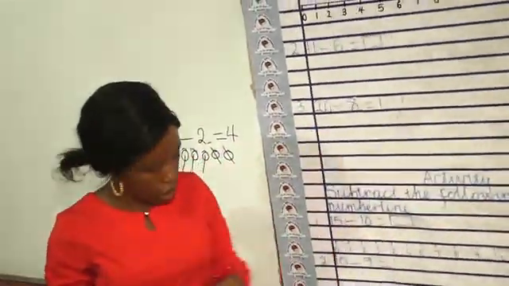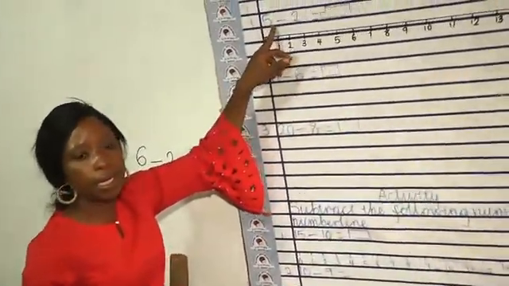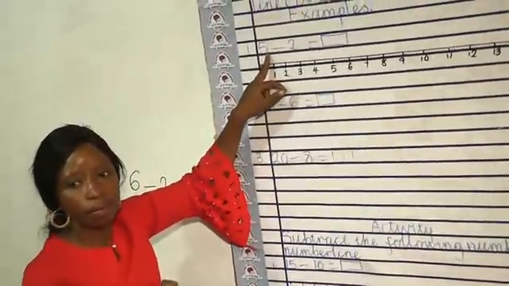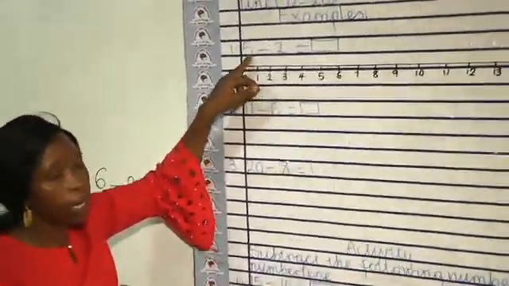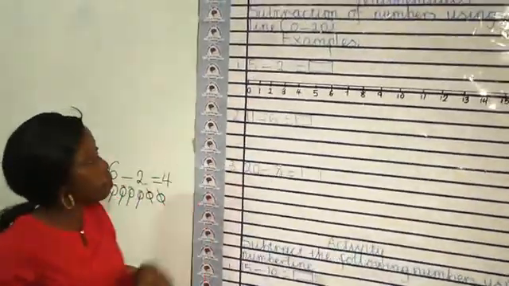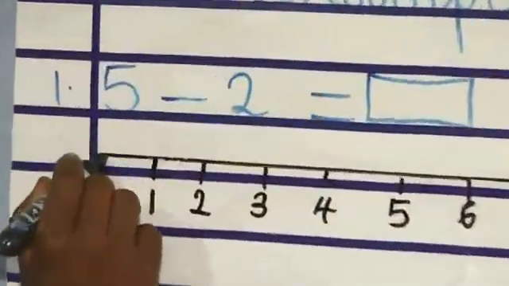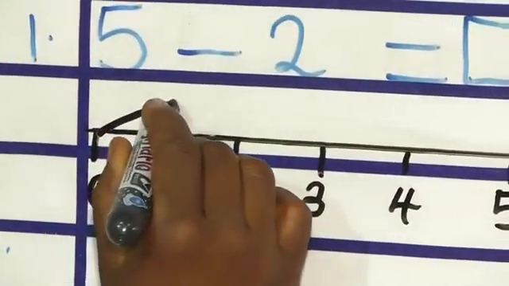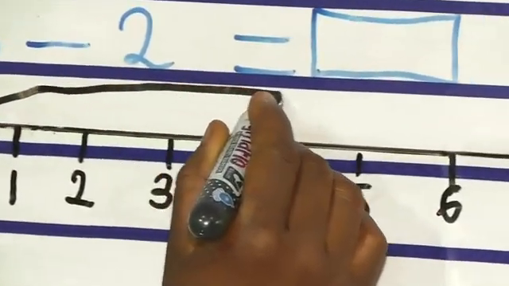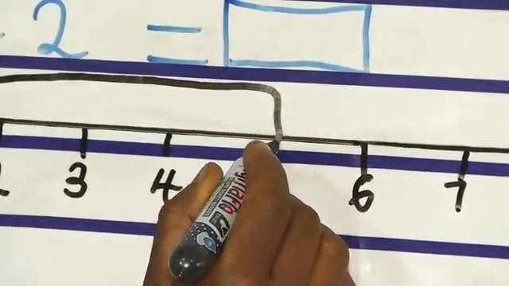Now, we are subtracting 2 from 5. Okay? Now, you pick the first number, which is 5. You draw your line from 0, which is the beginning. You draw it gently to 5.